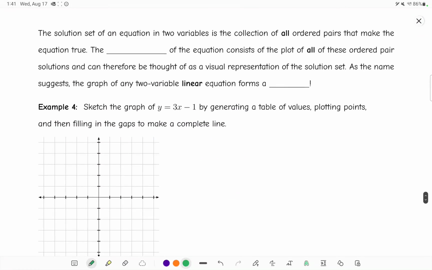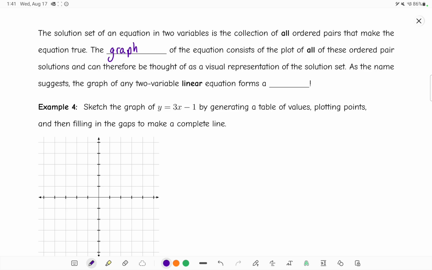The solution set of an equation in two variables is the collection of all ordered pairs that make the equation true. The graph of the equation consists of the plot of all of these ordered pair solutions and can therefore be thought of as a visual representation of the solution set.